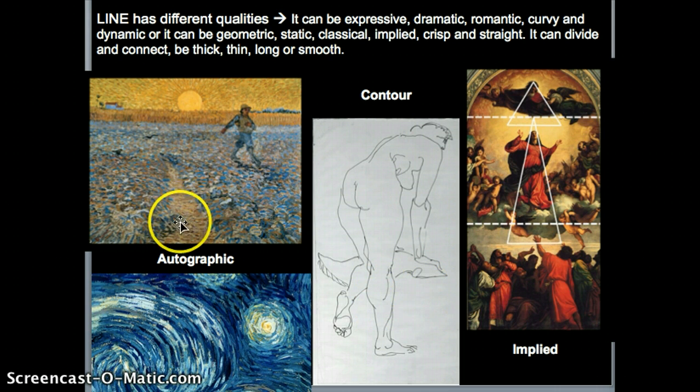Looking over here, we see a painting by Van Gogh, and we immediately recognize that it's Van Gogh's work, so that is an autographic line. And here we have some implied lines, a Da Vinci piece where we're looking up towards the heaven to see God based on these figures and the movement of their bodies to imply that line.